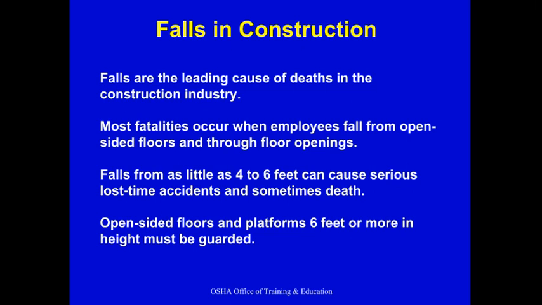So that's why OSHA has set a standard that anytime you're above 6 feet or more, you have to be protected. And that's an answer to one of our questions: if you go up above 6 feet in construction, you need to have some kind of fall protection. And a good, quick, easy reference point to see how high exactly 6 feet is: if you take a look at a door, most typical doors are 6 foot 8 inches high.